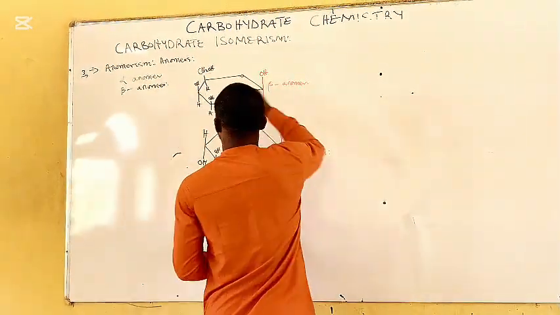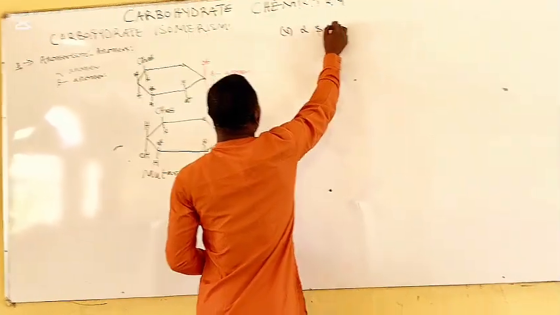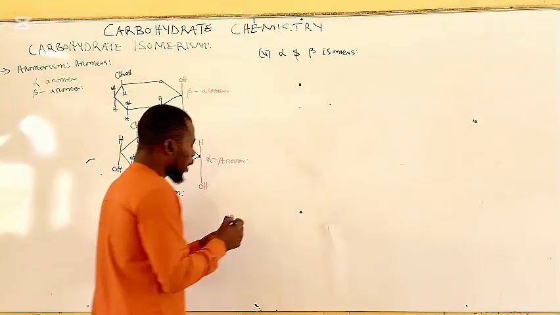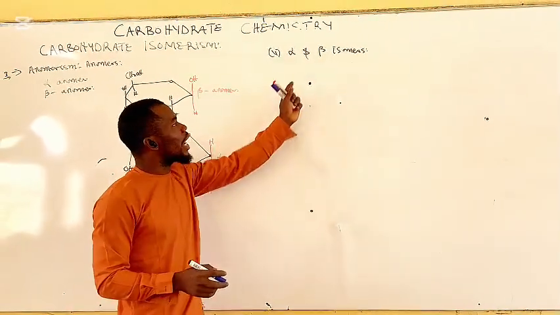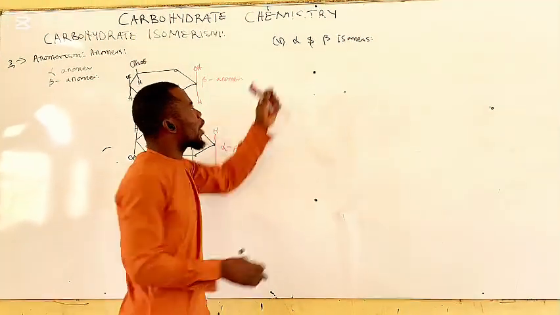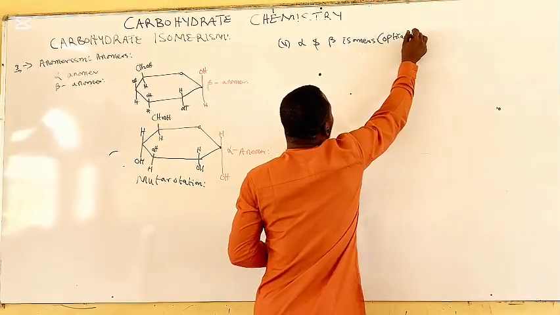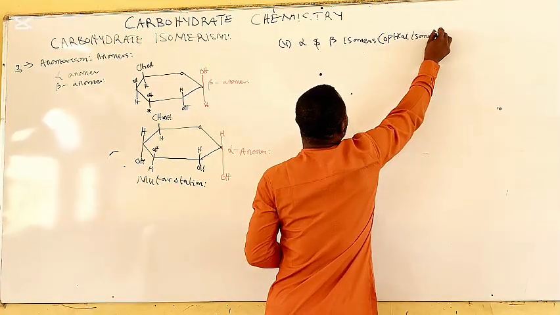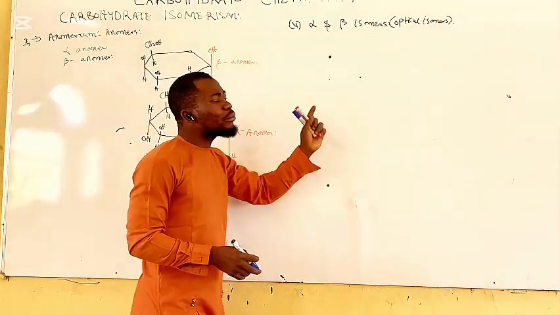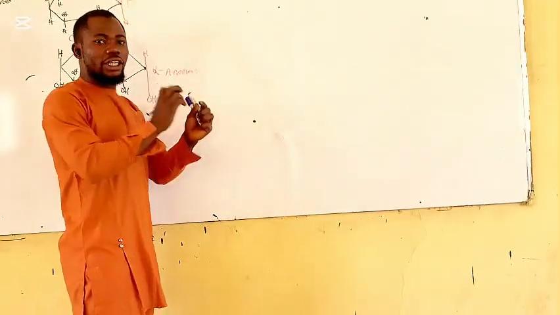The last isomers under carbohydrates are the alpha and beta isomers. These are also called optical isomers. They have the same molecular formula and the same structural formula, but they rotate plane polarized light differently.